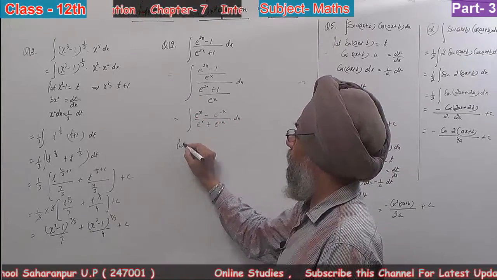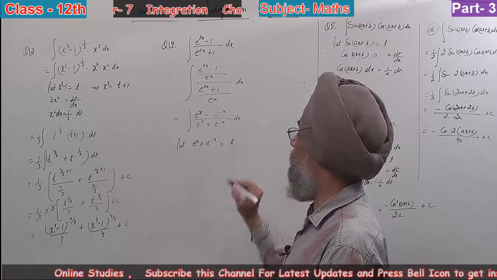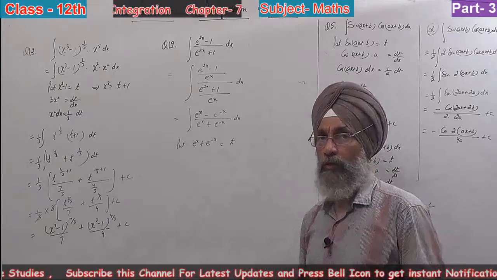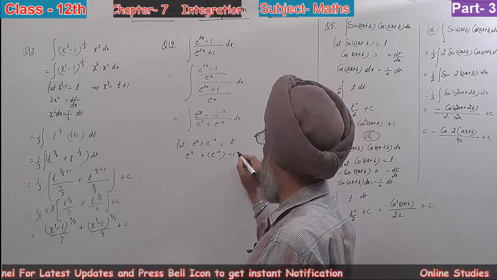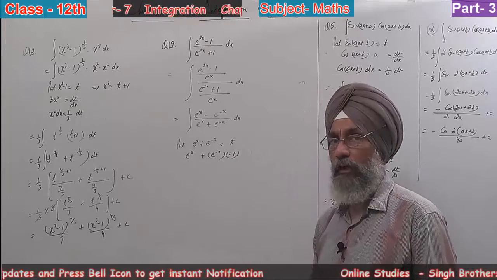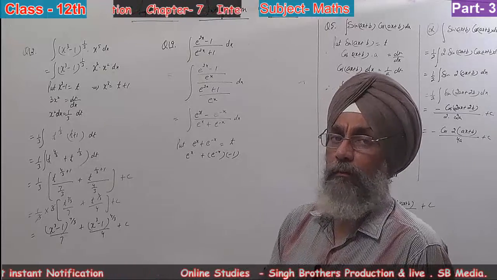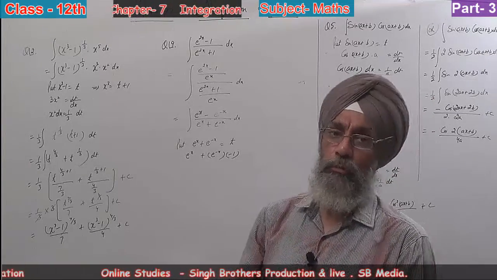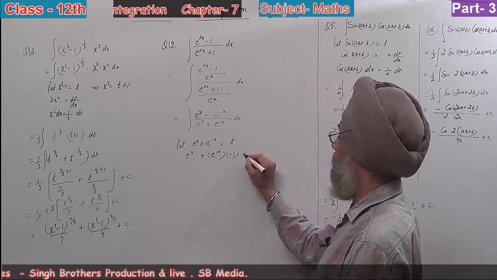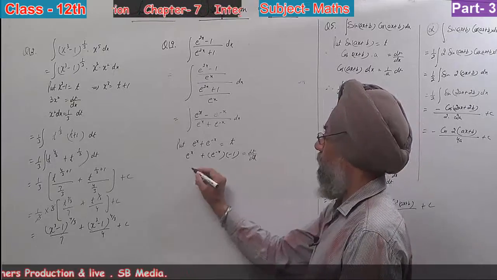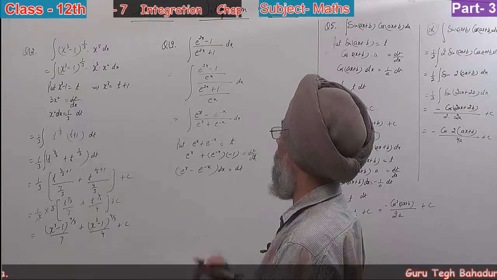Now we place the denominator e^x + e^(−x) equal to t. On differentiating both sides with respect to x, we get e^x for e^x, and for e^(−x) the derivative is e^(−x) times the derivative of −x, which is −1. So dt/dx = e^x − e^(−x), and (e^x − e^(−x)) dx is equal to dt, which is the numerator.